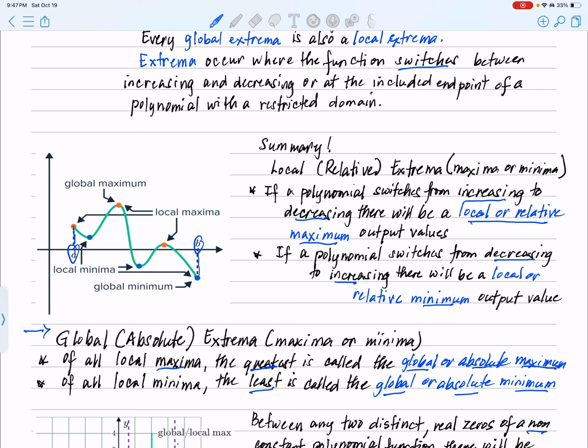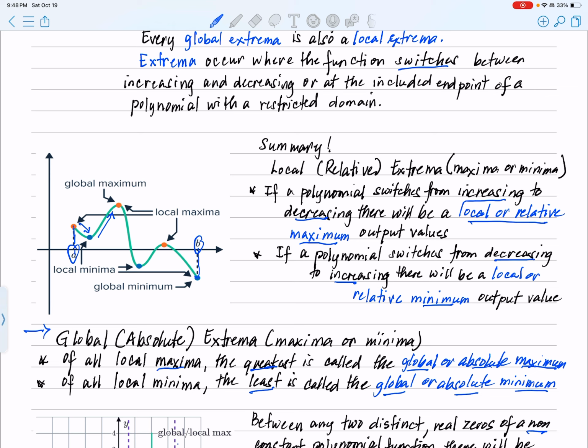This is where the local minima and the local maxima are happening. So the graph is decreasing and then it's increasing.